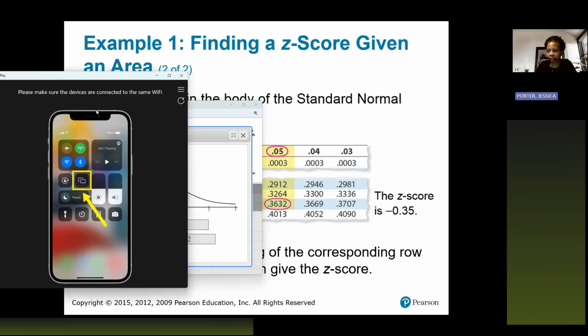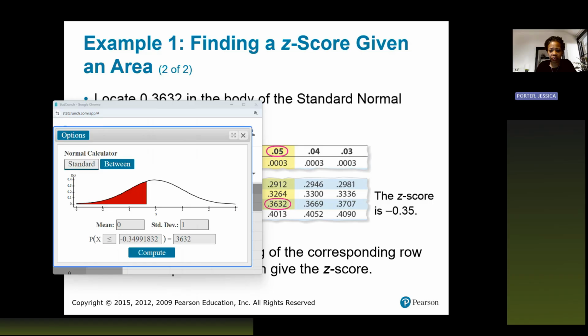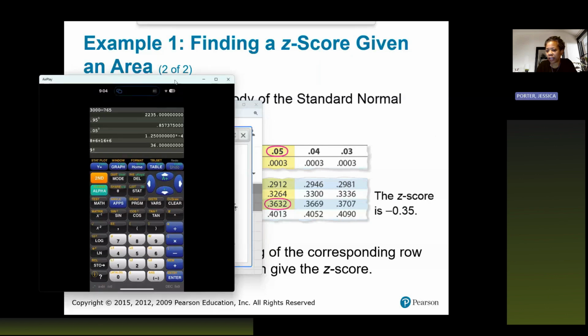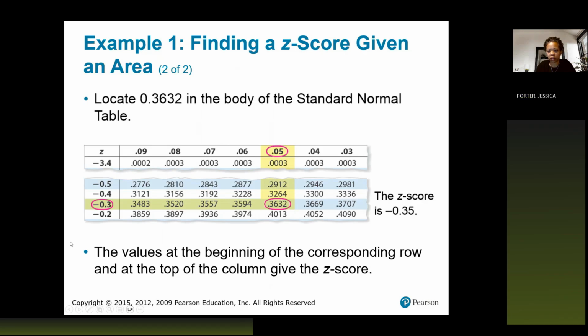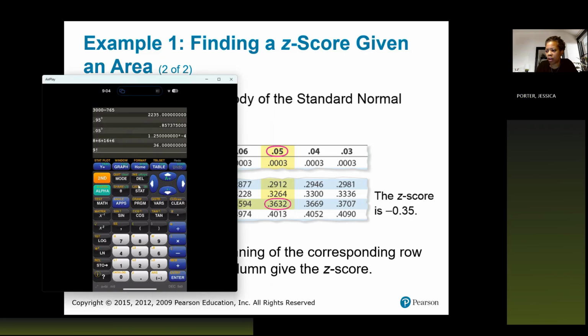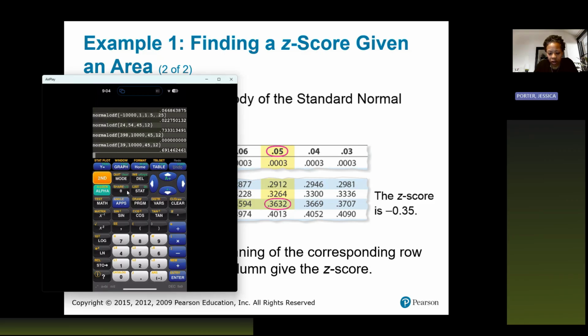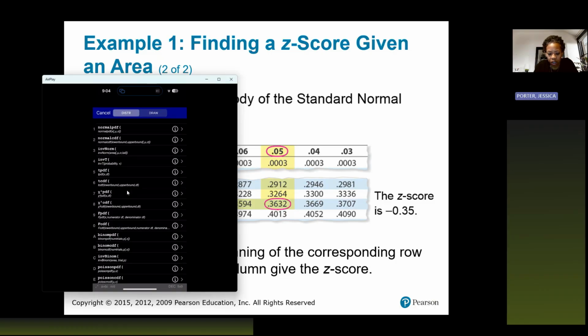Now let me make sure my calculator is up. We go second, vars. And this time we're inverse norm, or option 3.